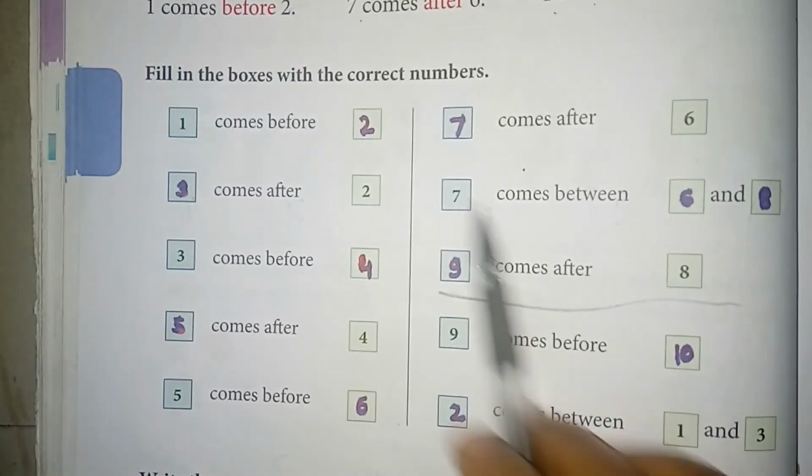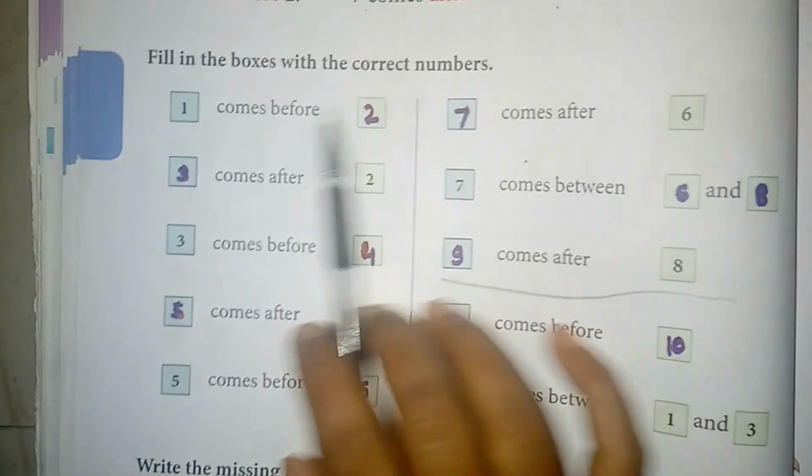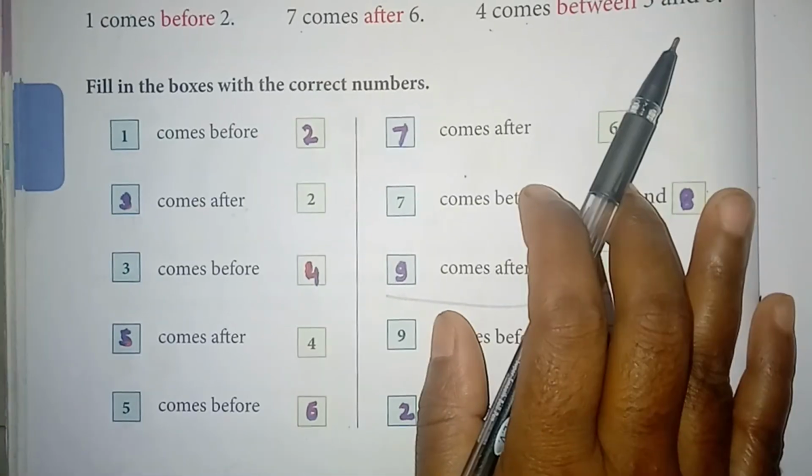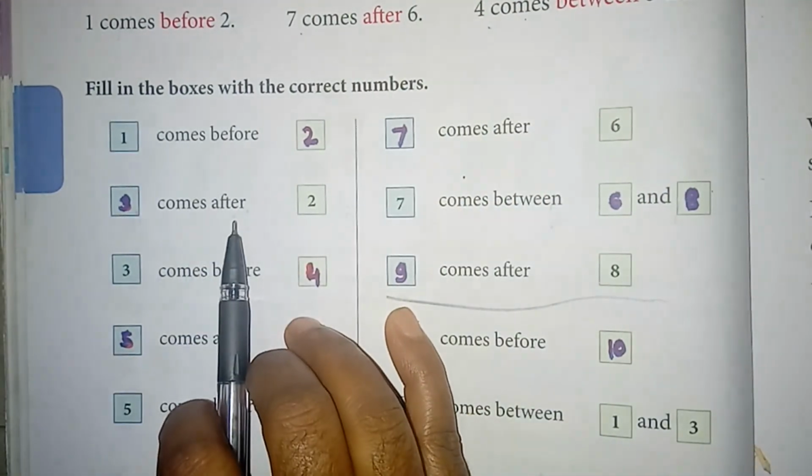Fill in the boxes with the correct numbers. 1 comes before 2. 3 comes after 2.